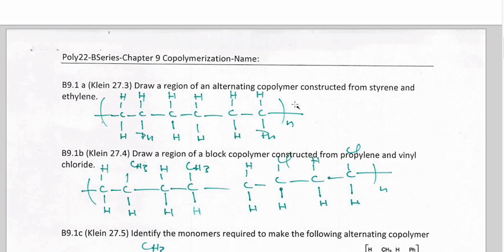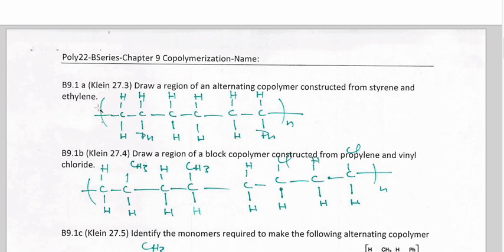Problem number one is asking us simple things like we have two monomers and we were asked what would be the structure if you make a polymer as an alternating copolymer. So that means we're looking at the styrene and ethylene, so there would be repeating units.